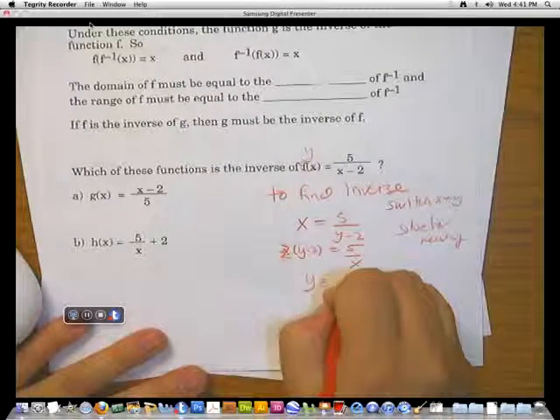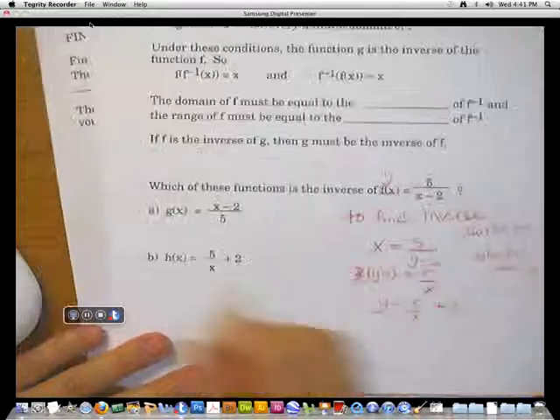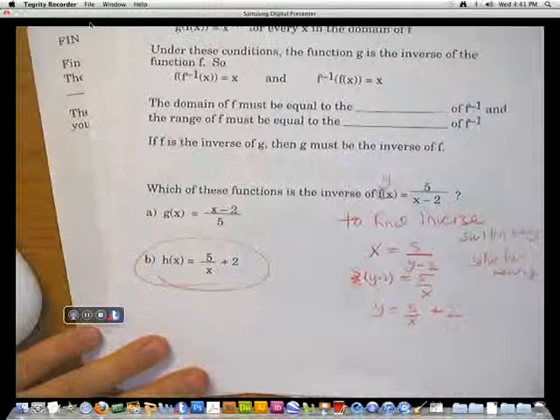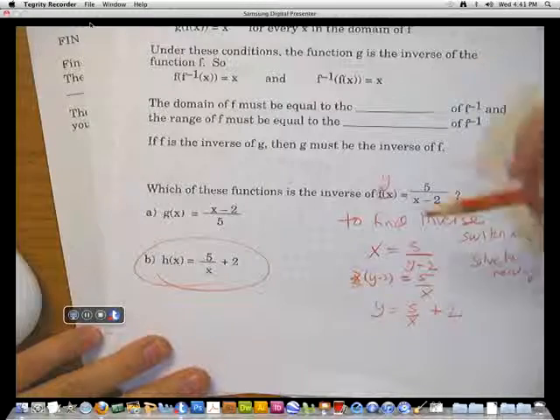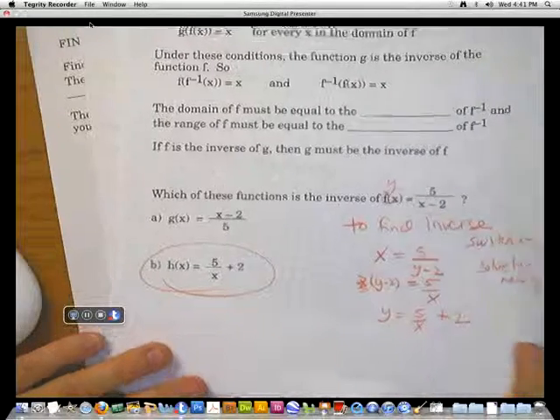And then I can add the 2 over, so 5 over x plus 2. We find that h of x is the inverse of my original function.